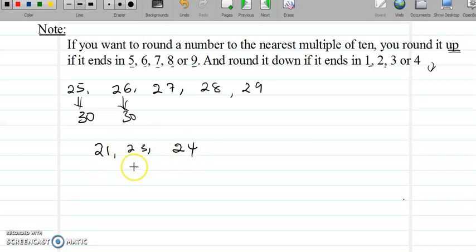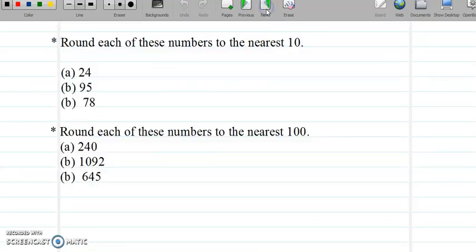If you're asked to round this number to the nearest 10, it ended with a number that is less than 5, then we are going to round it down. So the nearest 10 of this will be what? It will be 20. You see, we're rounding it down. The nearest 10 of this will be what? 20. This one also is 20. You get that?